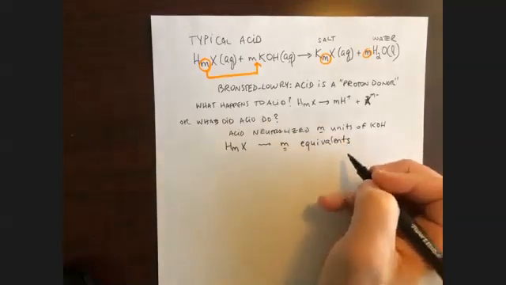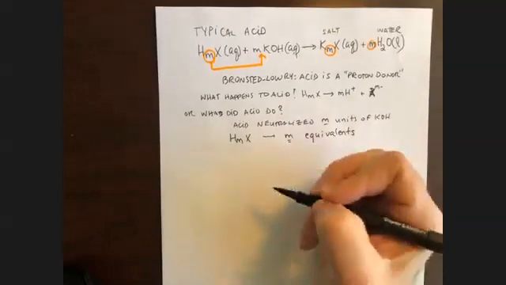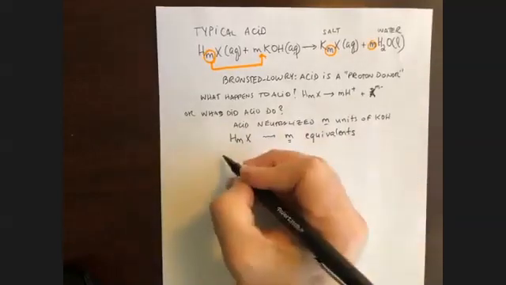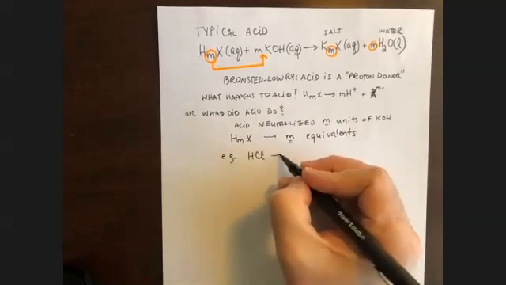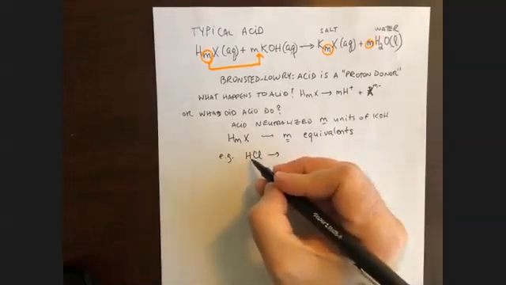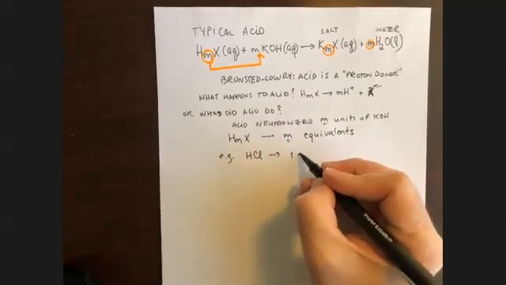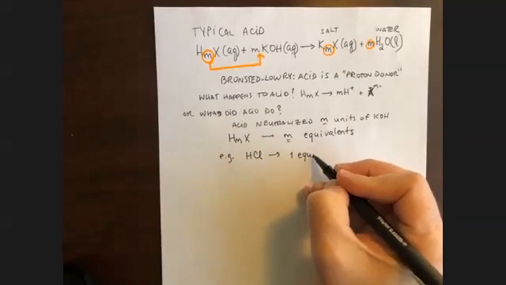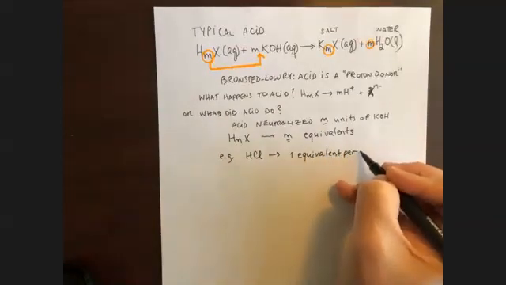An equivalent represents the number of units of base that one unit of the acid can neutralize. So for example, HCl, we would say that since it has the capability of transferring one hydrogen, then that means that it can neutralize one unit of base for every mole. So we have one equivalent per mole.